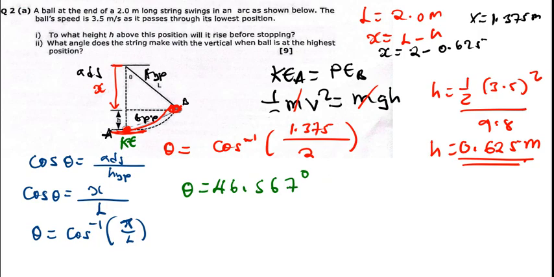To make things simple, let's just round it off, so it's 46.6 degrees. That's the angle. So that is it for question 2A. It's just a matter of you understanding what is happening, and it's very easy.